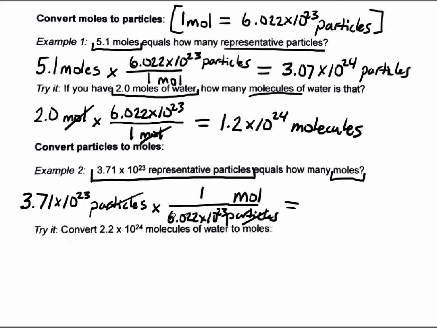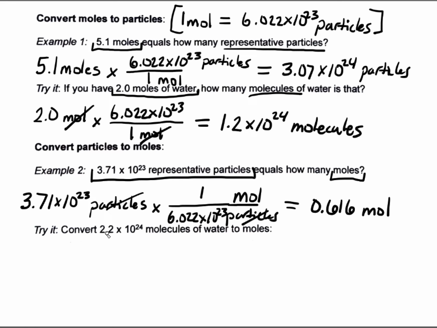So now my math reads 3.71 times 10 to the 23rd times 1 divided by this. So really what I'm doing is taking this number and dividing it by this one to get my answer. And that works out to be 0.616 moles. So if I had this many particles, I would have that many moles of that substance.